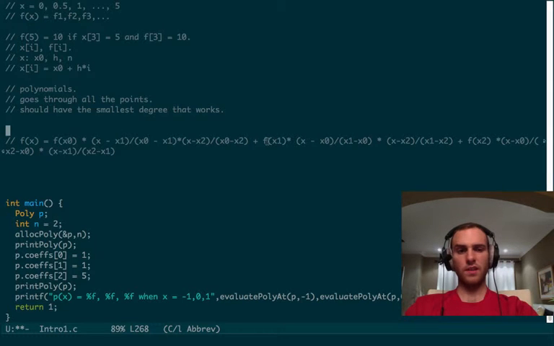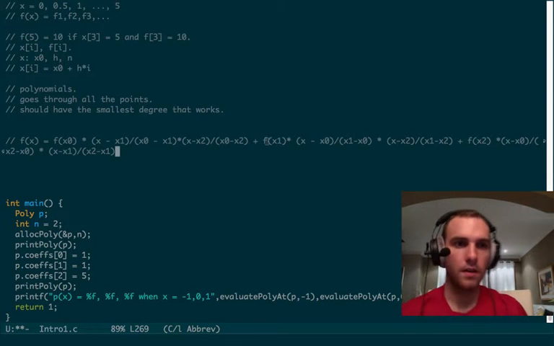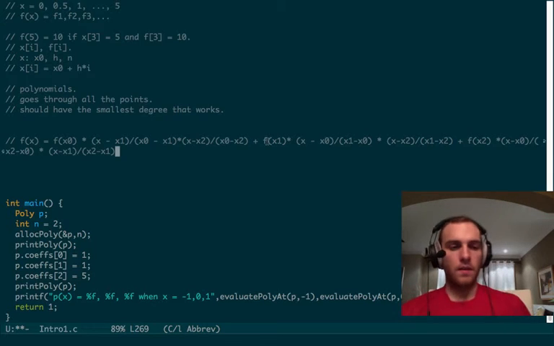Or if you want to get fancy, you can make a table of polynomials, so a table of tables. Use that. So there are some applications.